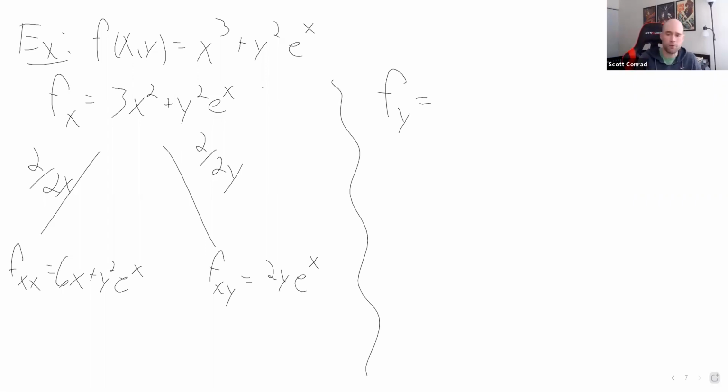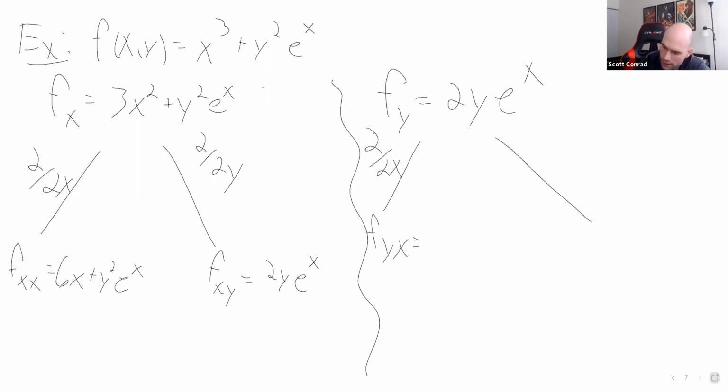So we can first take the partial with respect to x and then take x or y, or we can first take the partial with respect to y and then take x or y. So f sub y, treating x as a constant, differentiating with respect to y. X cubed becomes 0. Y squared e to the x becomes 2y e to the x. Differentiating with respect to x. So f sub y, then differentiate with respect to x, we get f sub yx.